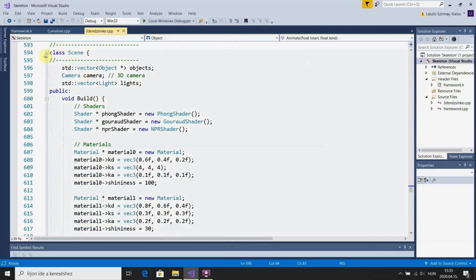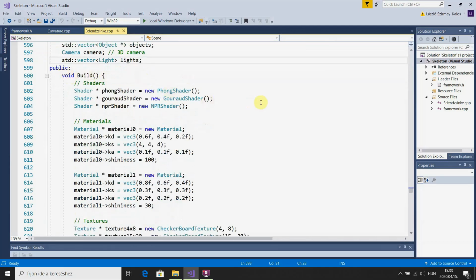The virtual world is called the scene. It's a collection of objects. This may be a heterogeneous collection. We need also the camera in the virtual world, and the virtual world also has a set of light sources. In the build function, the virtual world is created. Recall that we need shaders, materials, textures, geometries, and objects as well, while objects can pick from particular geometry, shader, material according to its own taste.